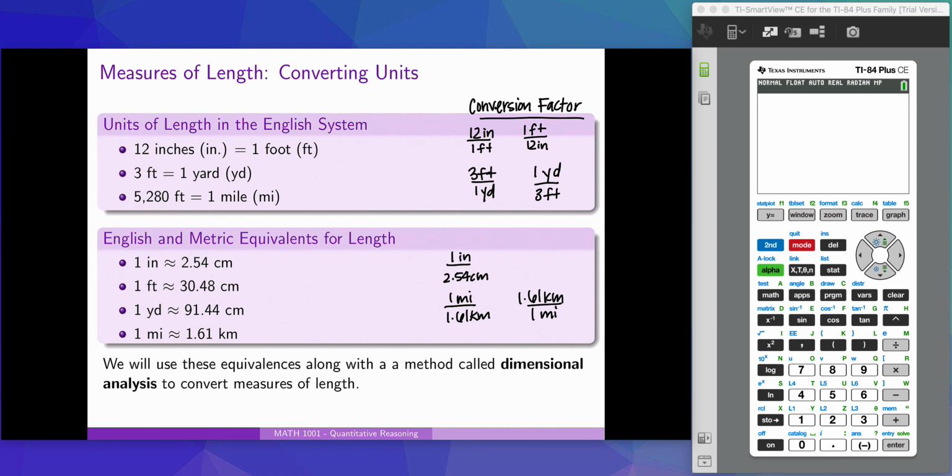So notice with each equivalent that you have two possible conversion factors you could write. And we're going to use these conversion factors for this method called dimensional analysis. We're going to pick the conversion factor that is most helpful for us, the one that lets us cancel out things from the top of a fraction and the bottom of a fraction. So let's do some problems.